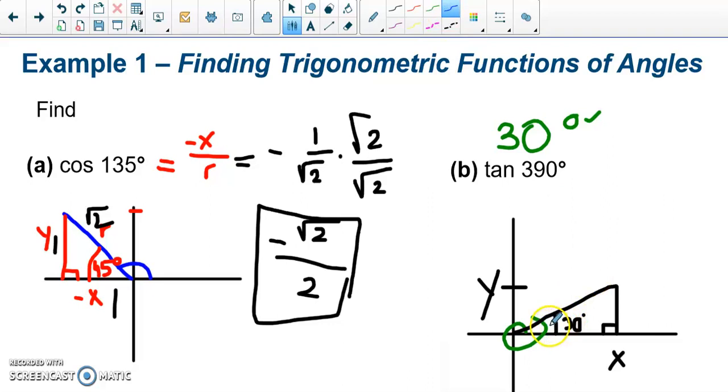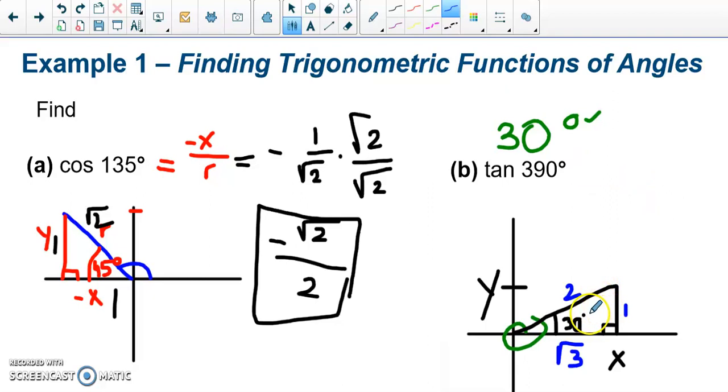And if we recall, this side is 1 unit, then the hypotenuse is twice as long, so it's 2, and the adjacent, or that second long side across from the 60 degree angle, is square root of 3. This is again special right triangles, right? So we need to remember those two. They're very important, and this is something that's going to be repeating many times.